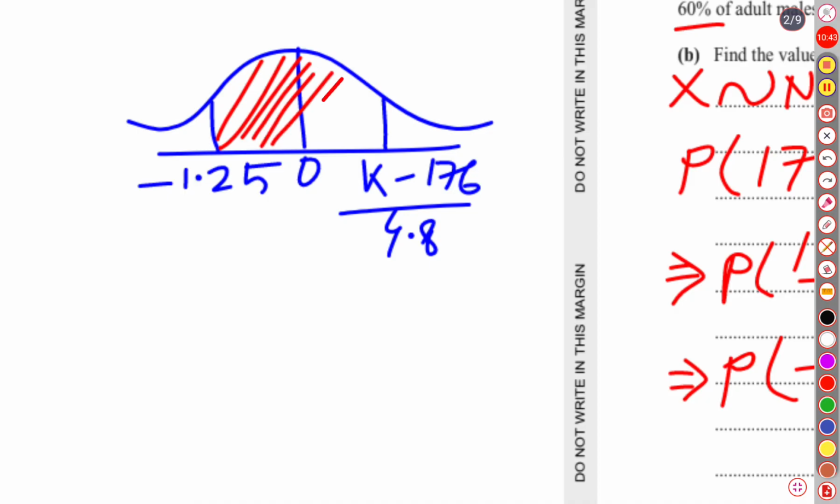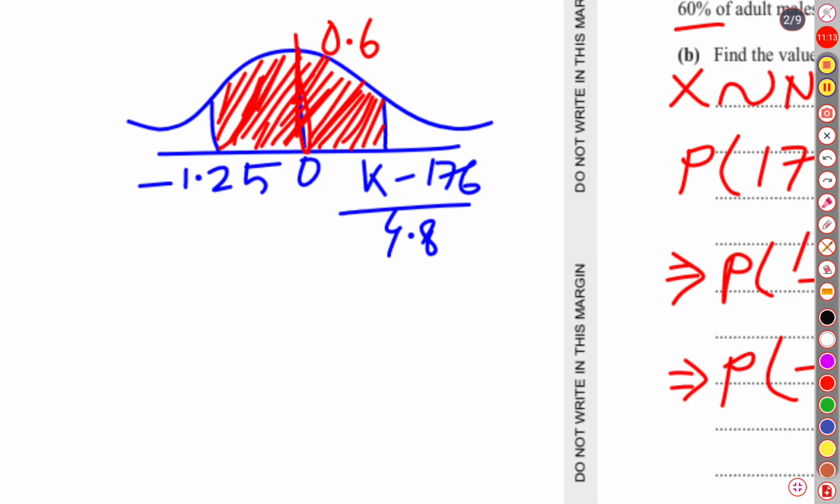And how did we understand that it should be on two sides of the mean line? We understood because the probability is 0.6, it's more than half, so it cannot be on any one side of the mean value.